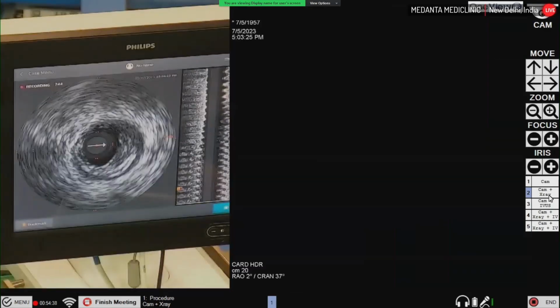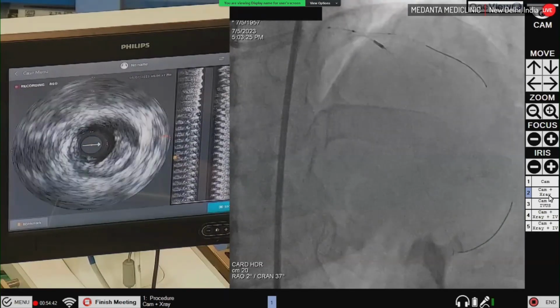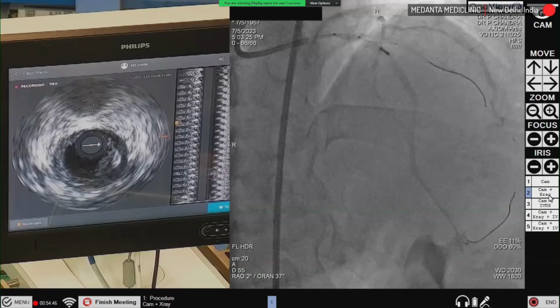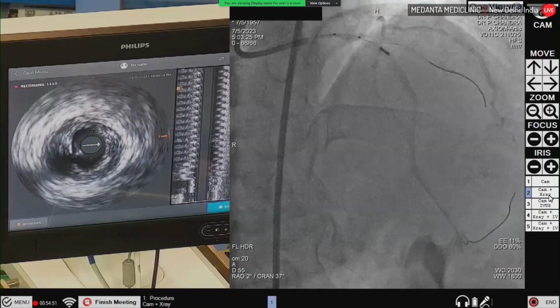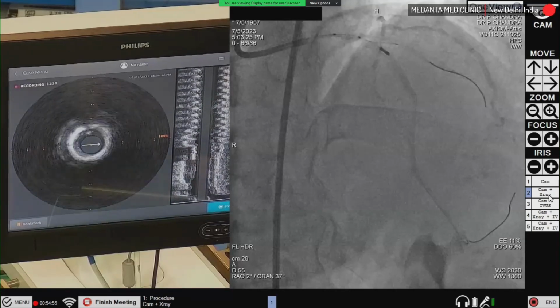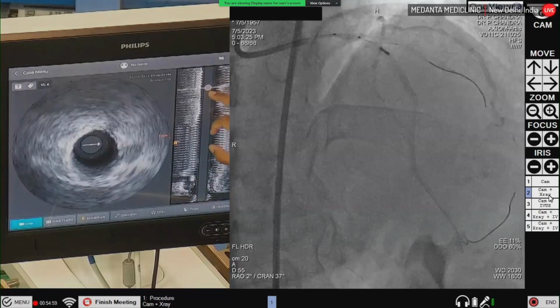I can see that. Where is this now? Let us see. Check, please. It is in the proximal segment. But the lumen is not compromised at any stage. The lumen looks okay, and proximally also the lumen is okay. So I think we can just hold on and see.